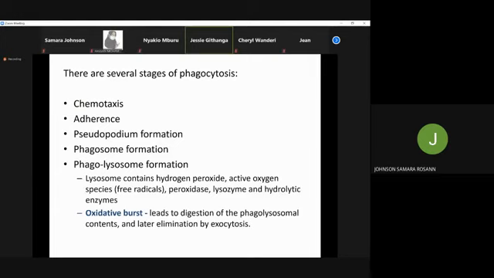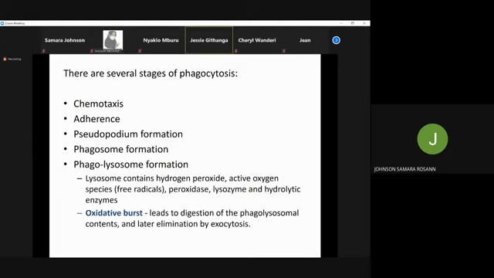The lysosomes are the ones that contain the enzymes, hydrogen peroxide, oxygen species, peroxidase, and lysozyme, and those are the ones that will actively destroy the bacteria that was contained within the phagosome, which was the phagocytosed bacteria or harmful particulate organism.